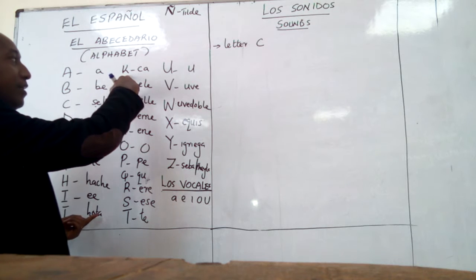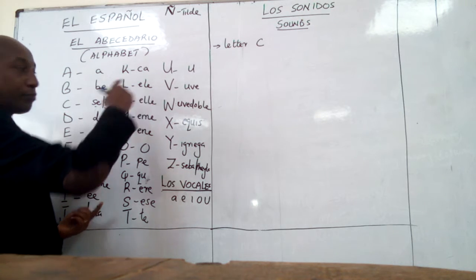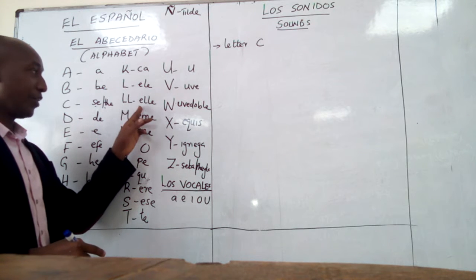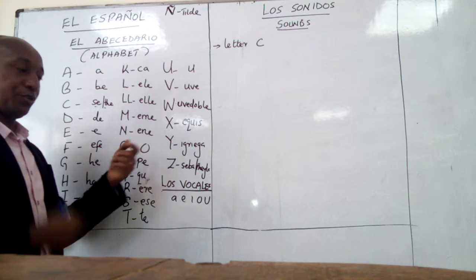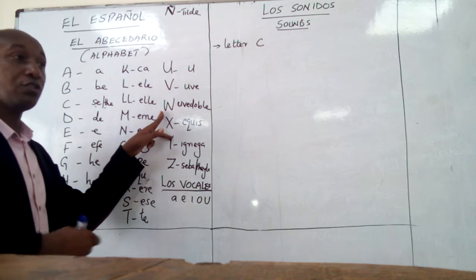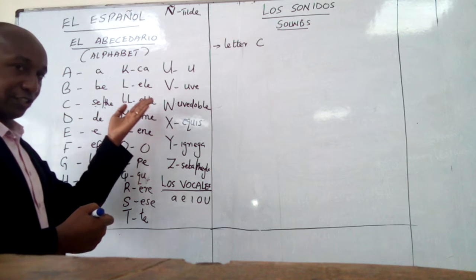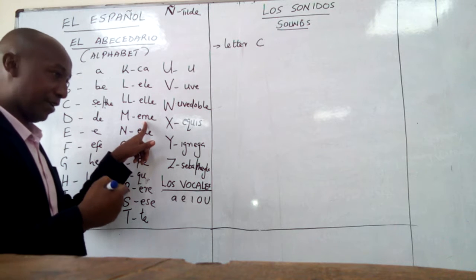Letter K is Ka. Letter L is Ele. Then between letter L and M, we have double L, which carries this sound. You can say it different ways depending on where they come from.